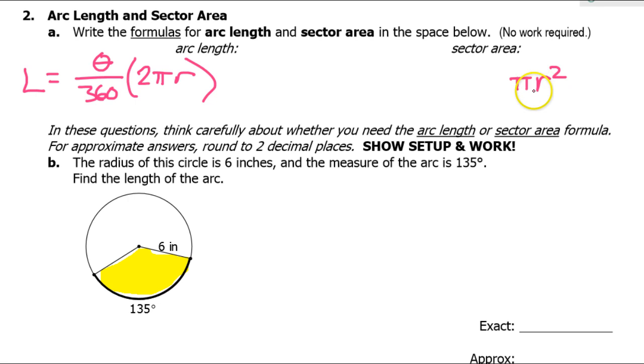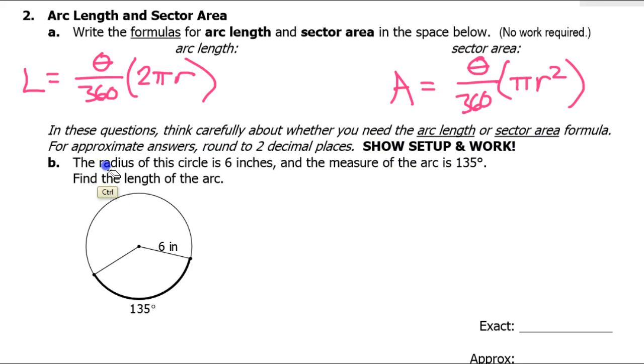That's pi r squared. But the sector area is some fraction of the whole area. So again, that fraction is going to be theta over 360, which we already talked about. So this would be the formula for the area of a sector. So let's use these formulas to find stuff.